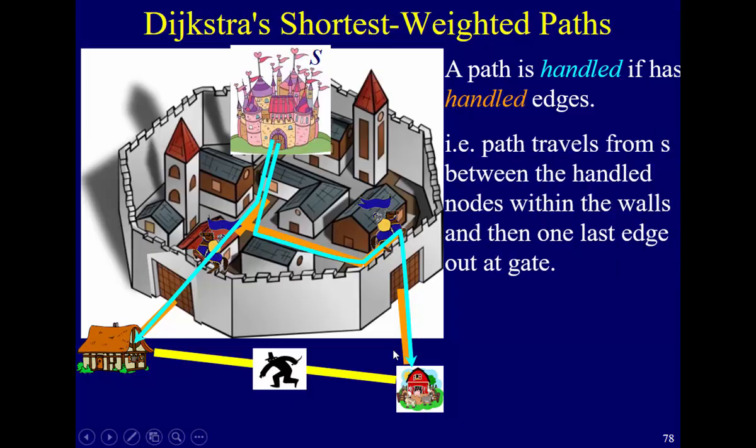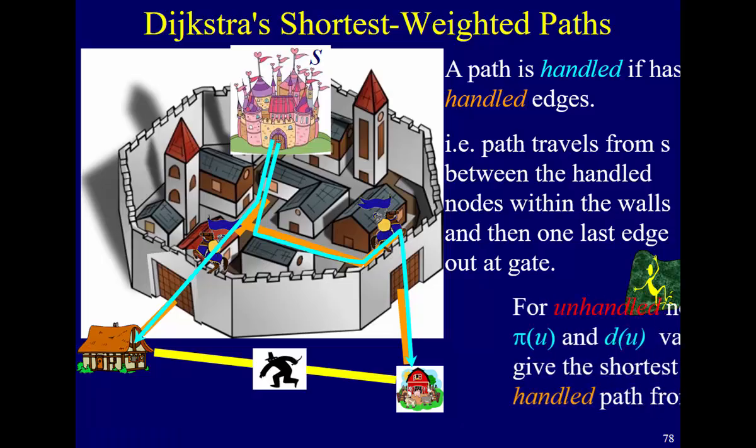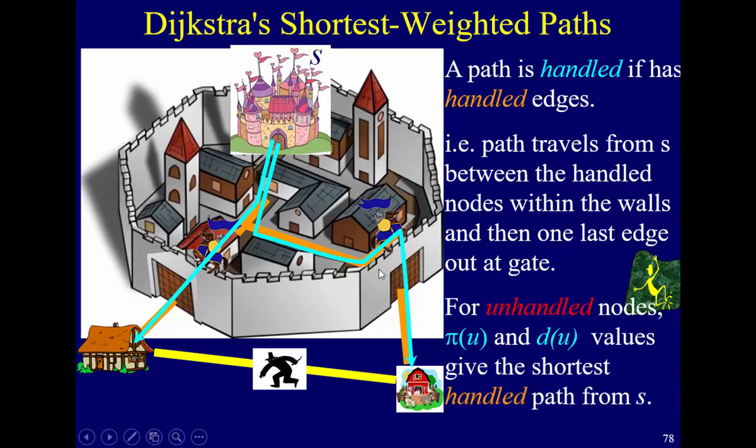All right, so what does the path do? As I say, it goes around the city, and it takes that one last edge out. That's our loop invariant. Now, what do we know? The guys in the city we have the right answer for. But for the unhandled nodes outside of the city, what we have is the best path that we know about. We don't know about this edge.